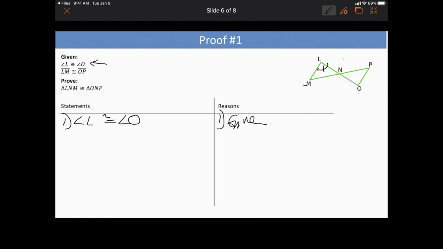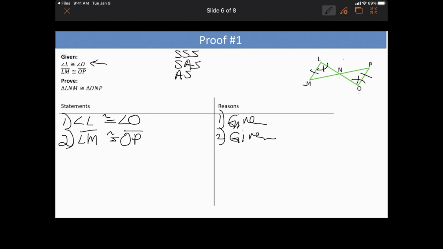Mark it. Okay. Is there anything else I can do with that given? No. So I'm going to go to the next one. Next given. Segment LM is congruent to segment OP. Given.